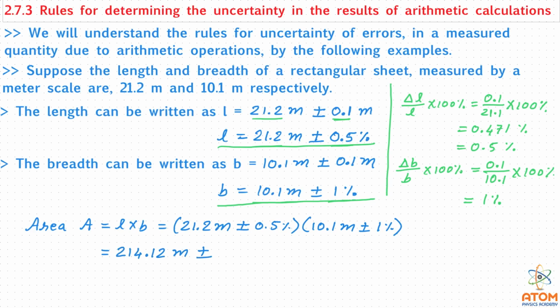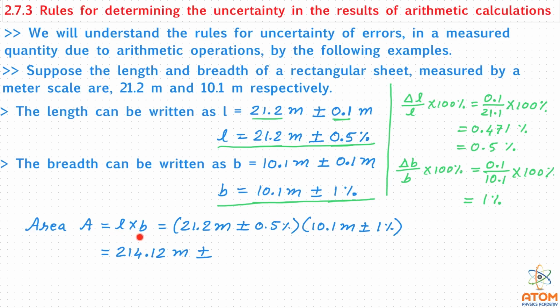Now here you have to take care of one thing. This is percentage error, and though mathematically it is multiplication, we cannot multiply percentage errors, because in case of multiplication we know that the relative error is added. If relative error is added, then obviously the percentage error is also added, because relative error multiplied by 100% is percentage error.